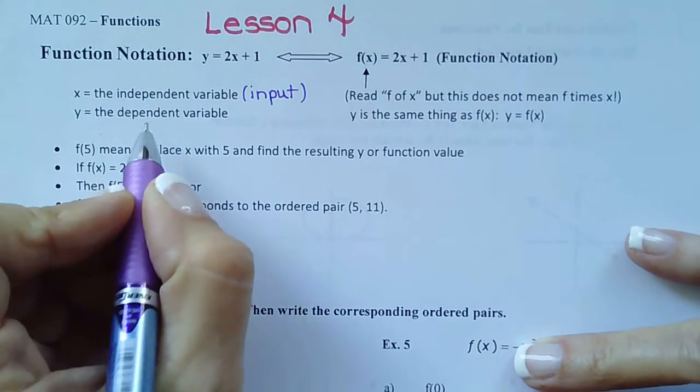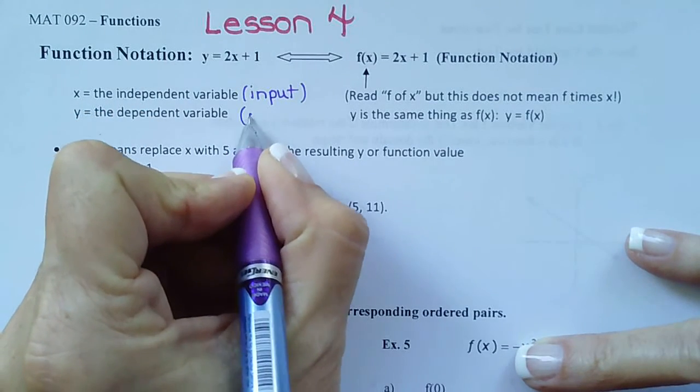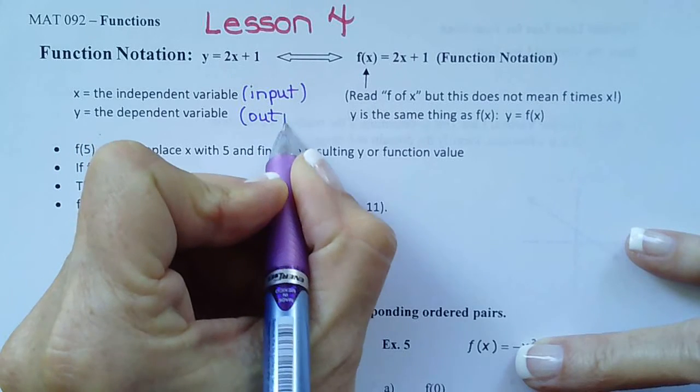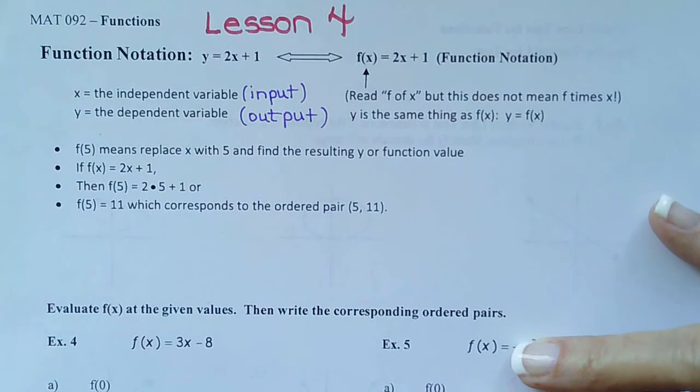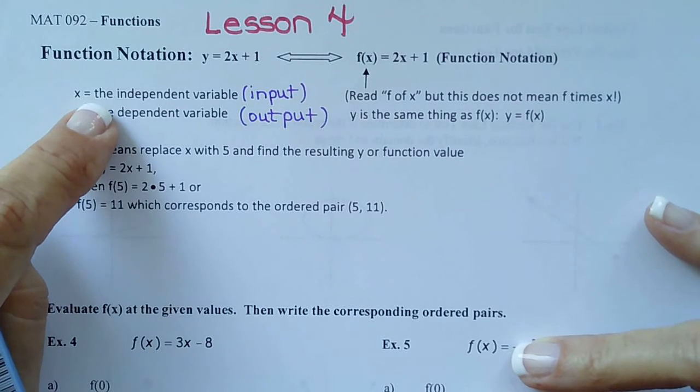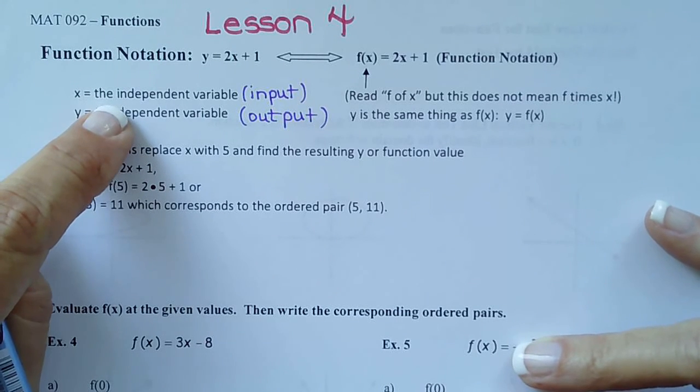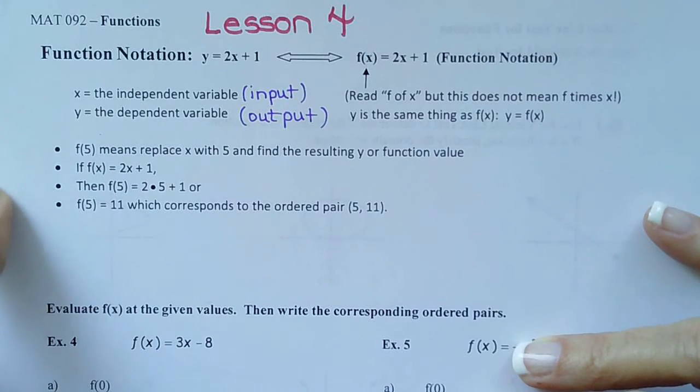And y is called the dependent variable, and it's the output. And the way I remember these, because students are always like, I can't remember whether x is independent or y, I tell them, think about a t-table. When you made a t-table back when you were drawing lines, you put all the x's in and you could pick any x's you want.